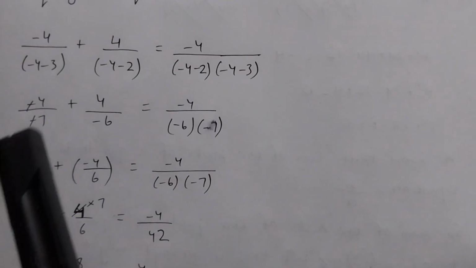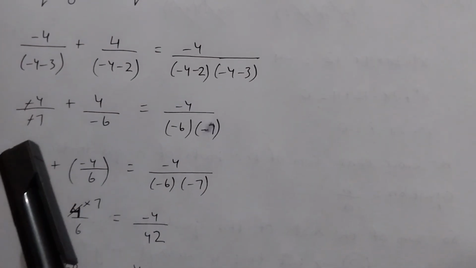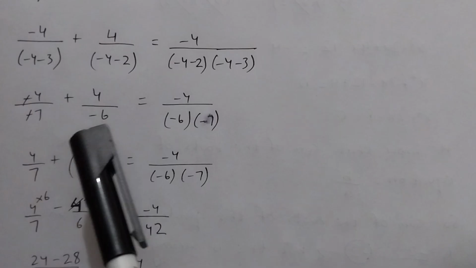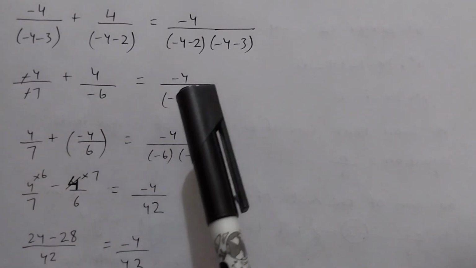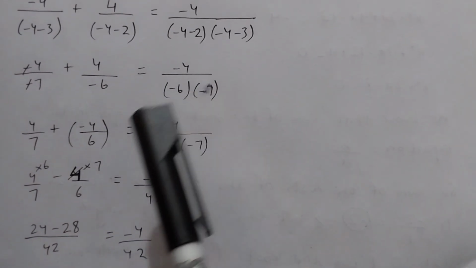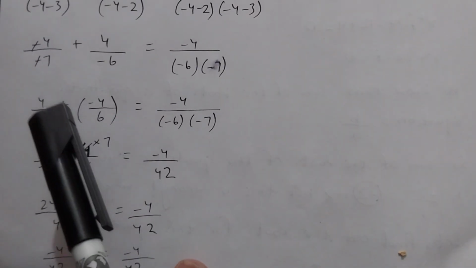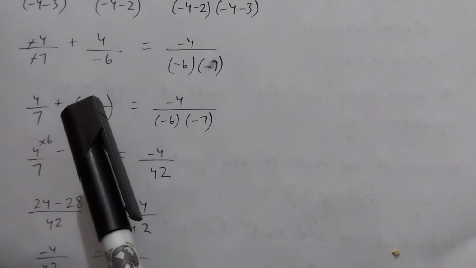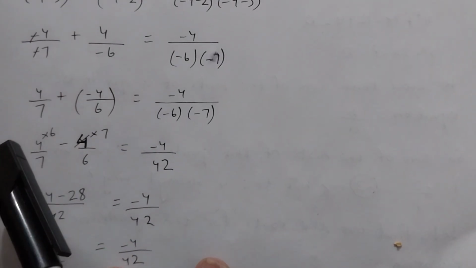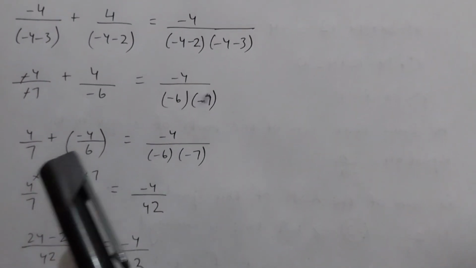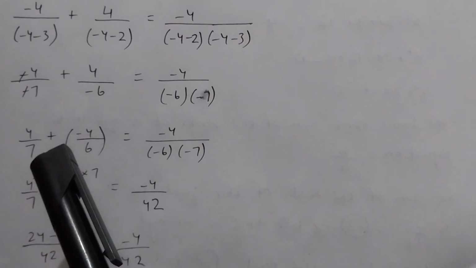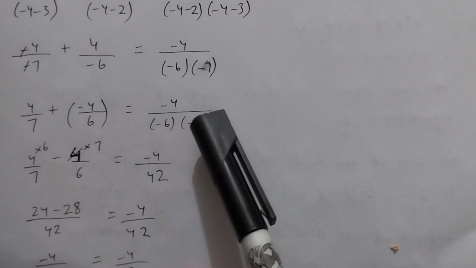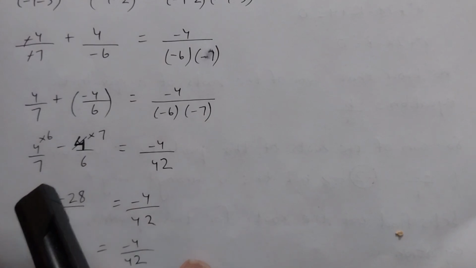So we get -4 over -1 + 4 over -6 is equal to -4 over -6 times -7, and this negative shifts in the numerator, and we get 4 over 7 plus 4 over -6 is equal to -4 over -6 times -7.